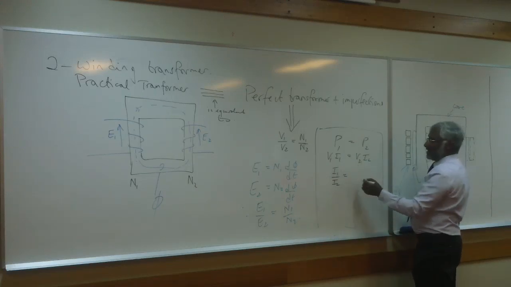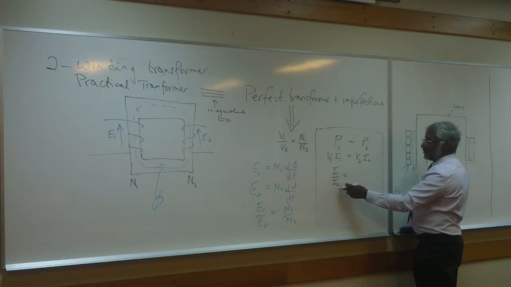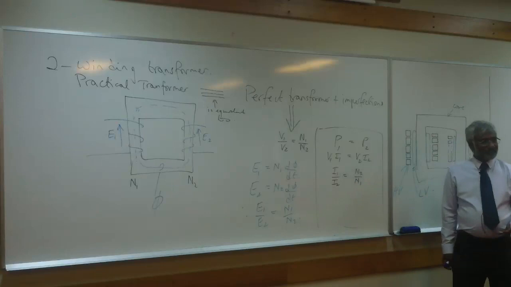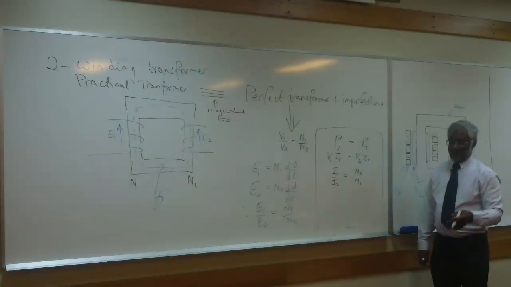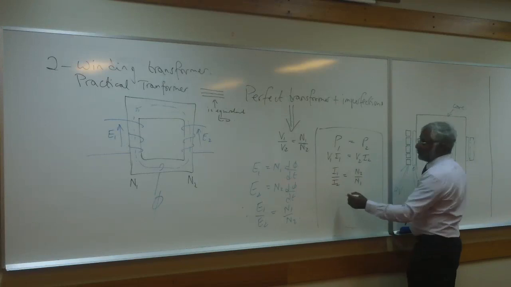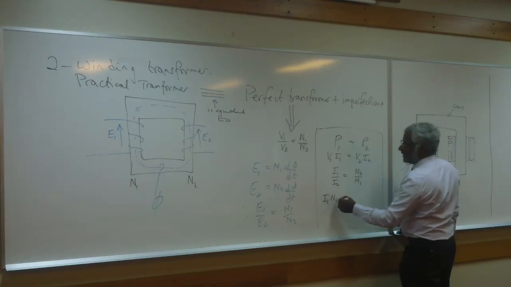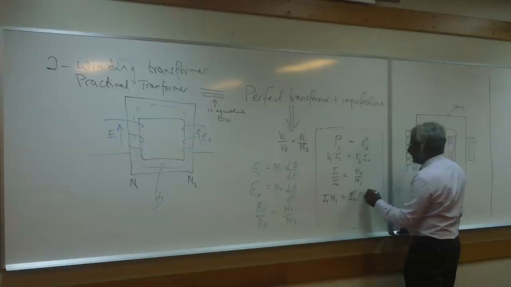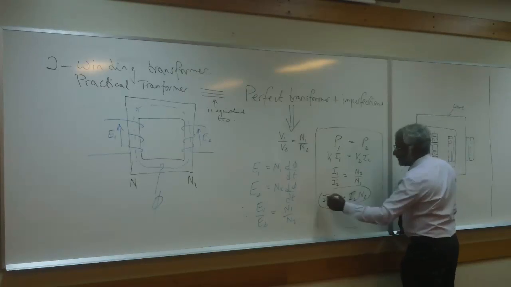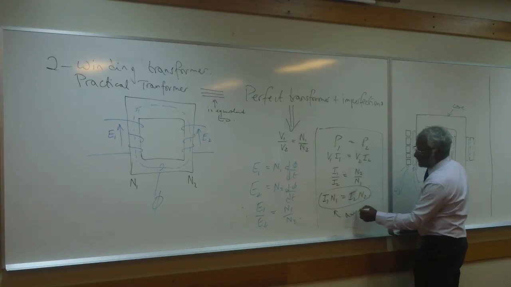So you'll get I1 over I2 is actually equal to N2 over N1. It's just a reverse of that one. It has to be. Otherwise, you'll be creating power. And some people write this down as I1 N1 equal to I2 N2, and some people give it a name, and they call it ampere turn balance.